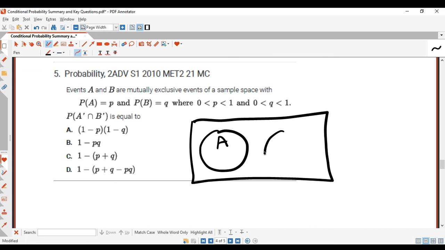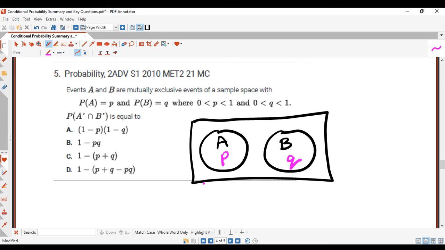There's A, and there's B. Okay. Now, it tells me that the probability of A occurring is P. So I'll put P here. The probability of A occurring is P and B is Q. Okay, so put a Q there.